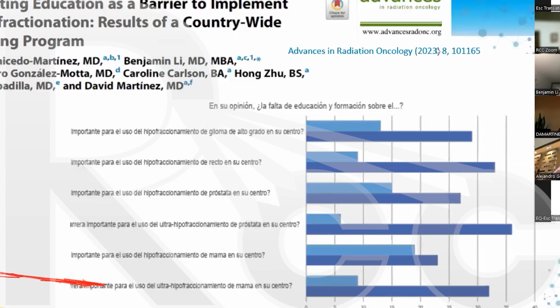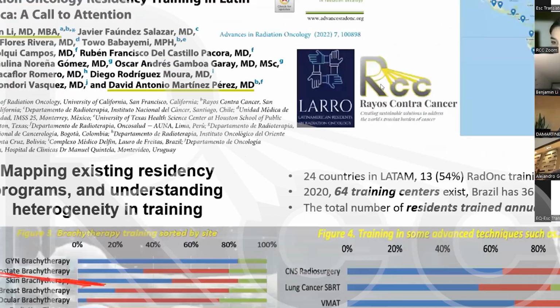This is a study that we did with a group, published recently, about the first curriculum we did as a pilot in Colombia. And one of the main implementation barriers for hypofractionation is the educational barrier. That's why we're here today, to generate awareness and educate about the different indications and results that we can obtain with our treatments.